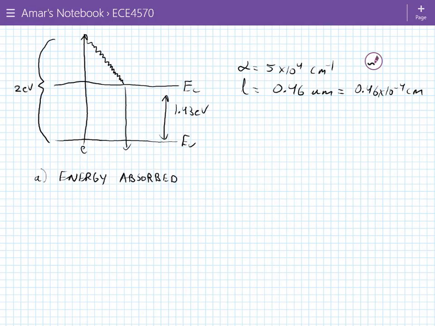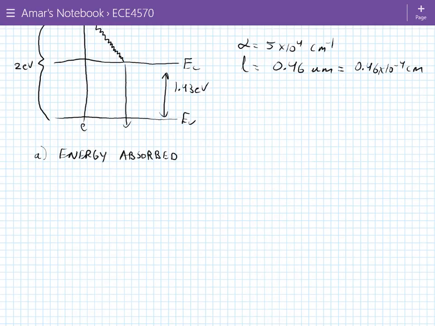Okay, so we have to go back to this model that we talked about earlier. We have a sample, and we have some amount of light coming in here.